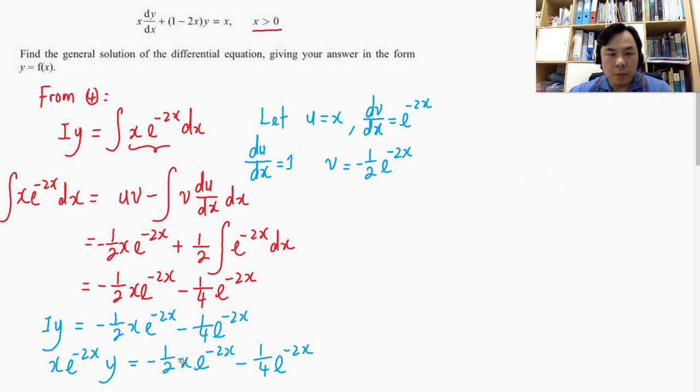Okay. So from here onwards, I can rewrite this as, so from here I can divide both sides by this x exponential negative 2x. So therefore, I'm going to rewrite here. Before that, I'm actually having this.